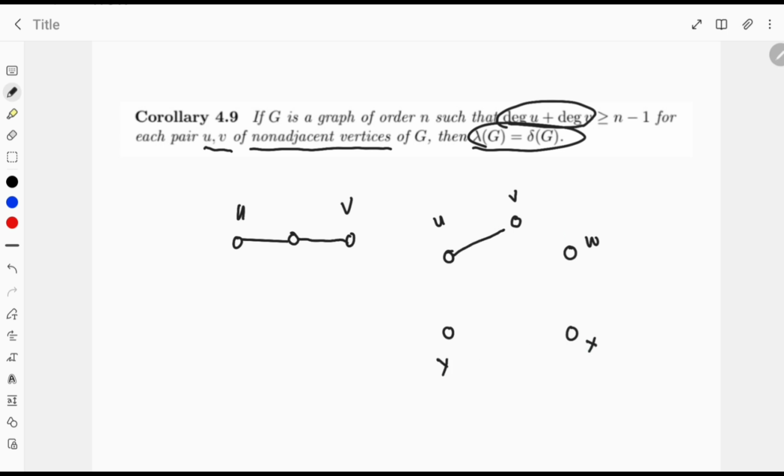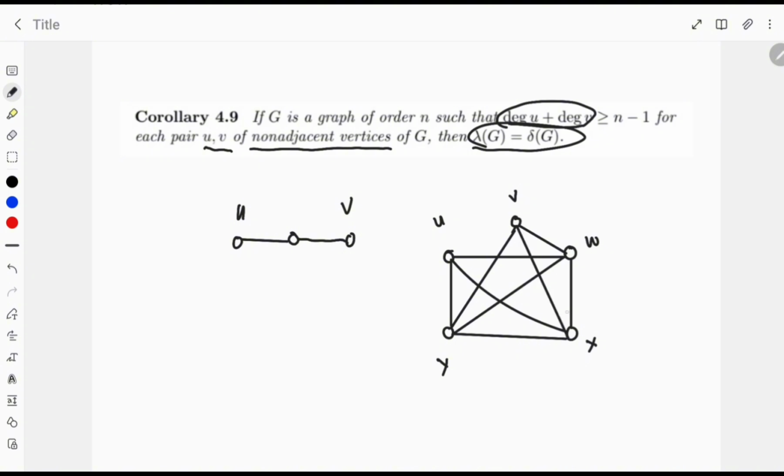So U, W can be connected here also. This one, we can have a complete graph here, except connecting U and V, but other vertices can connect to V. So this is almost a complete graph.